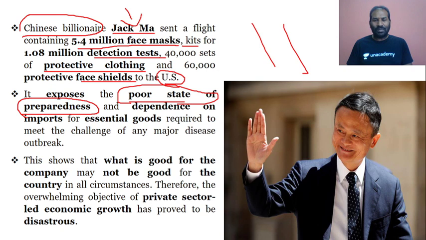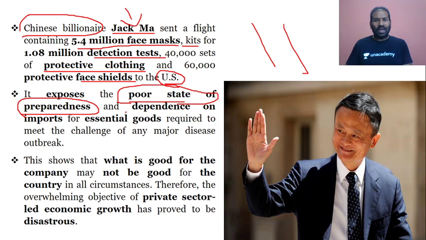Yes, they would get it, but in a situation wherein there is a total global lockdown, how would the products get into the developed economies? That is the poor state of preparedness by the so-called developed countries or developed economies.